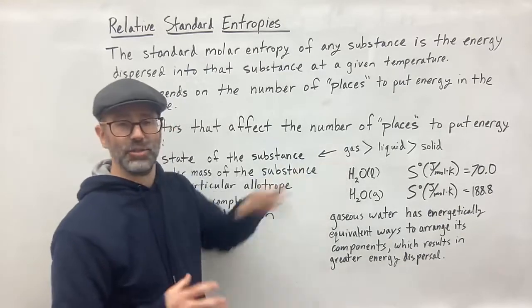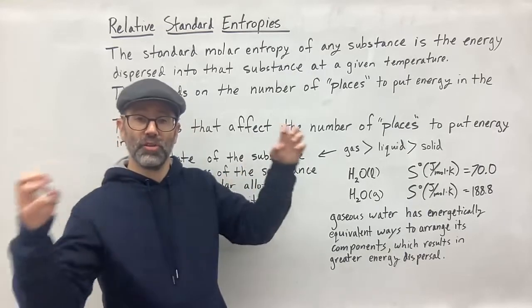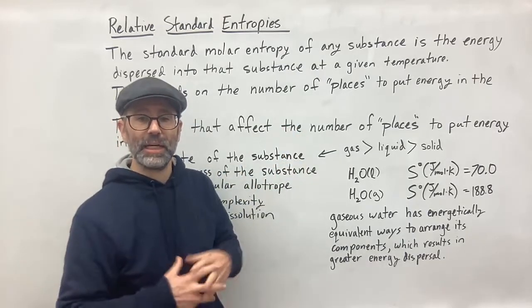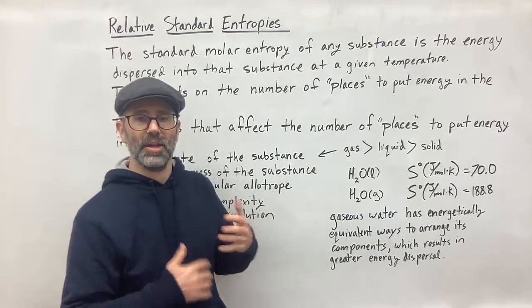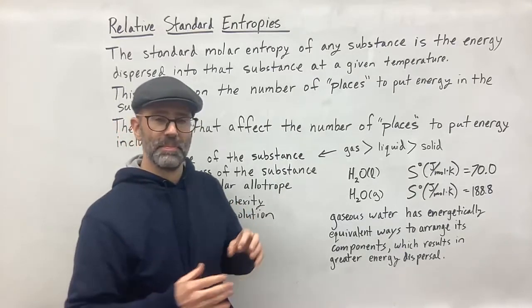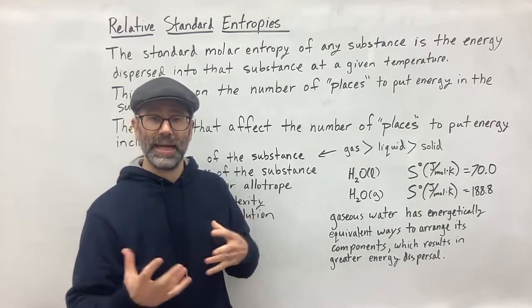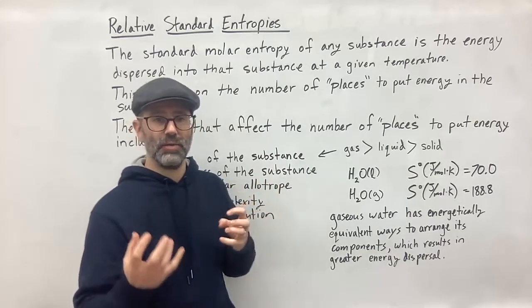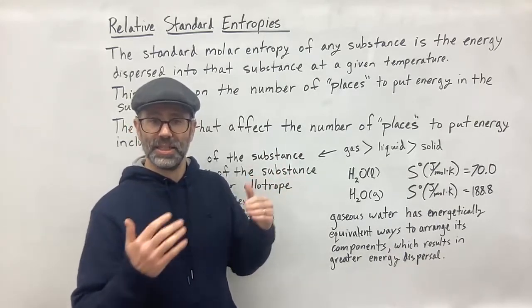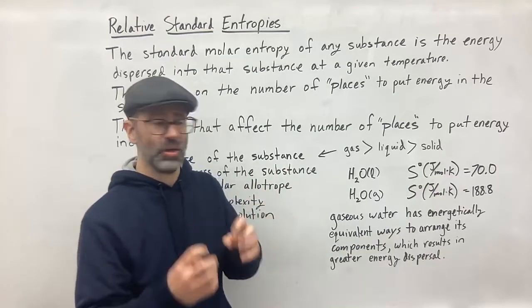Because for a gas, the particles are so far apart. This increases the number of ways in which you can arrange the particles in energetically equivalent ways when you have a gas versus a solid or a liquid.